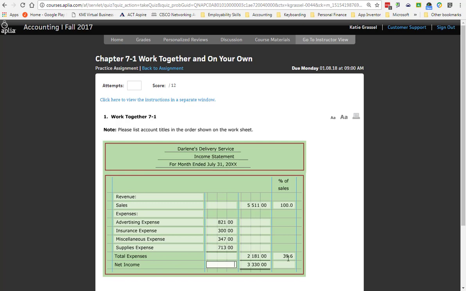Move that decimal places 2 to the right, and then I would have 60.4. Always remember one decimal place, even if it's going to be a 0, and make sure you round correctly. So what does this mean? For every dollar we bring in, 60.4 cents of it is profit for our business.